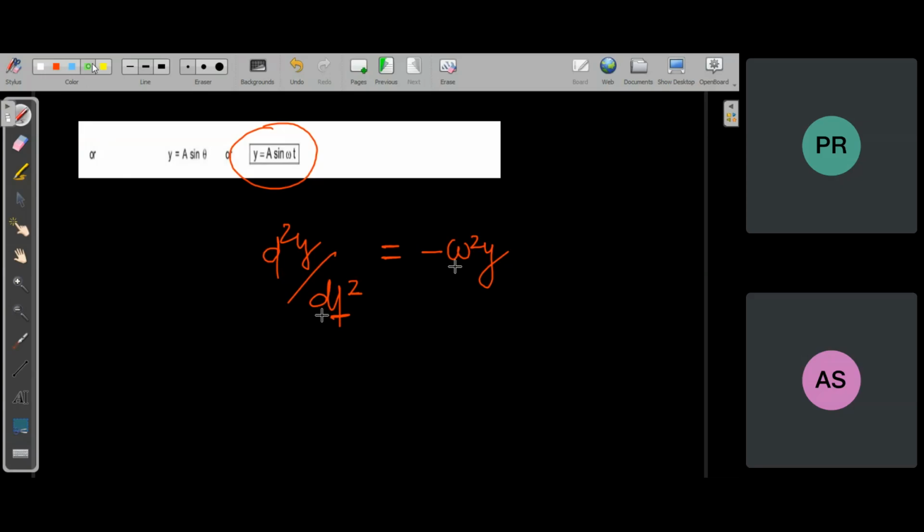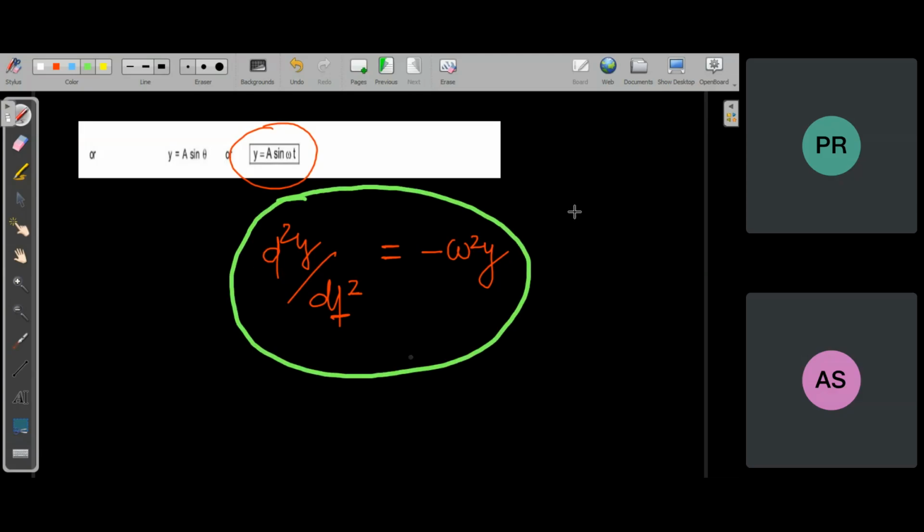And you already know that this equation represents SHM. So from here it is clear that when a particle moves in a circular path, the projection of the particle on its diameter represents SHM.